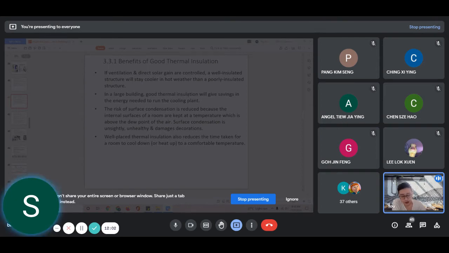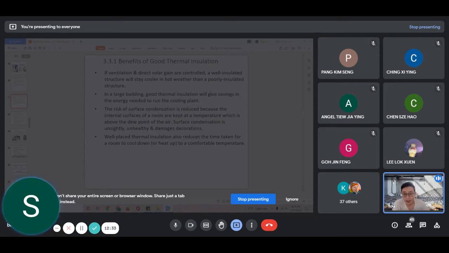If the building is not well designed, then it will become like an oven. Heat will be absorbed very rapidly and it will act like an oven. That is a very poorly insulated structure. Meaning instead of preventing the heat from going into the building, it's actually heating up the house more, making it hotter than what is available outside.